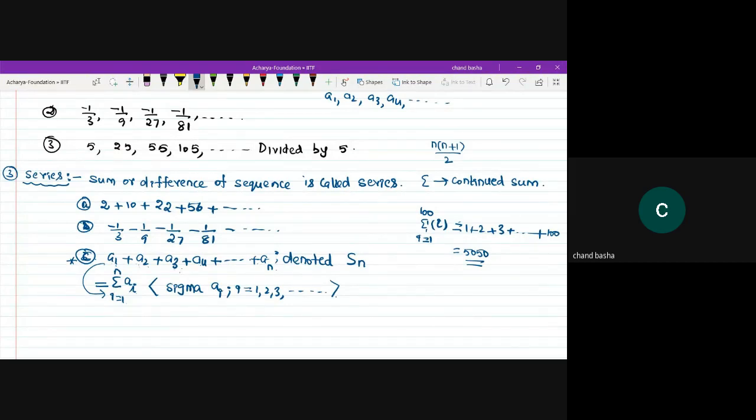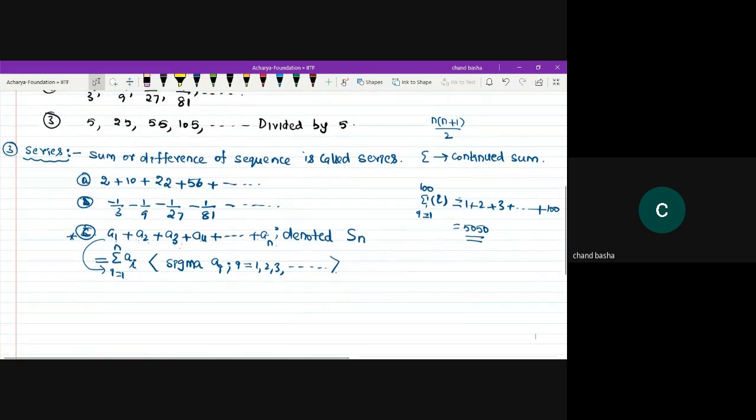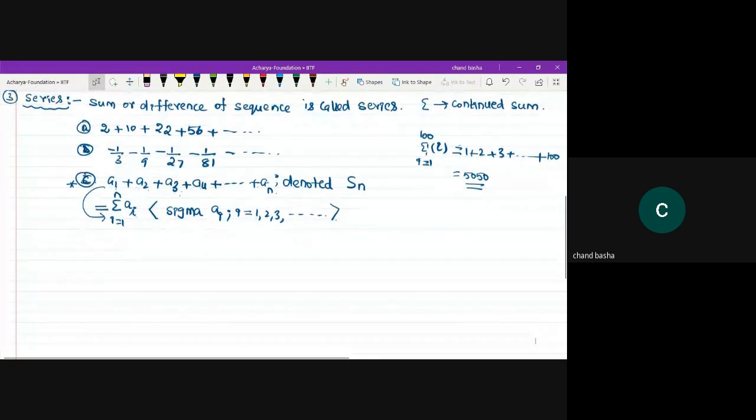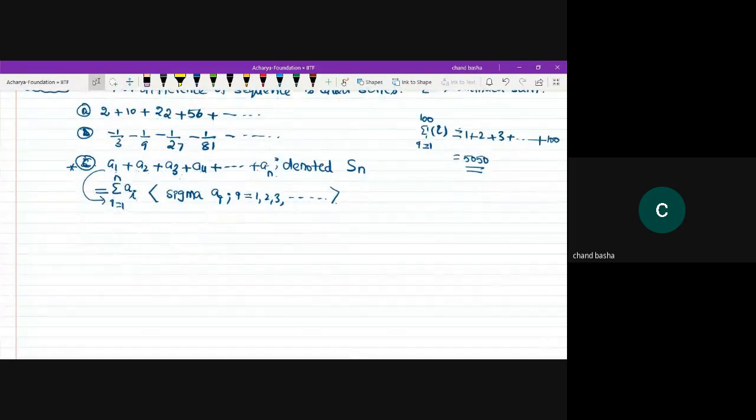But my concept is not either the sequence or series. My concept is the next. Let us see how the questions will be asked. I'll go for an example. The problem is: write the first 3 terms of the following sequence of numbers.